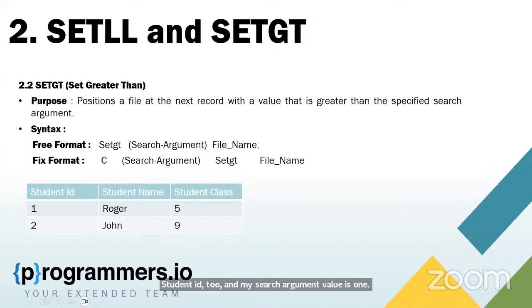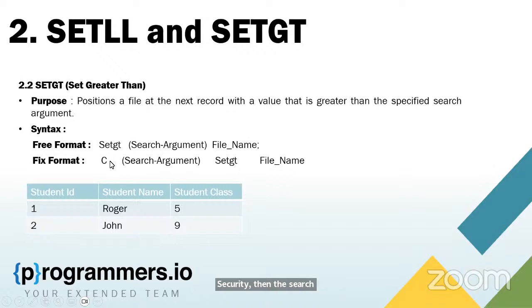Setgt will position the file at the next record with a value greater than that. So if the search argument value is 1, it will set the pointer at student ID 2. This is how setgt works. The syntax for setgt is the same: setgt, then the search argument value, then your file name.